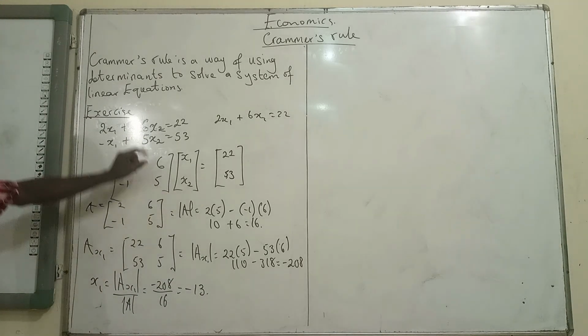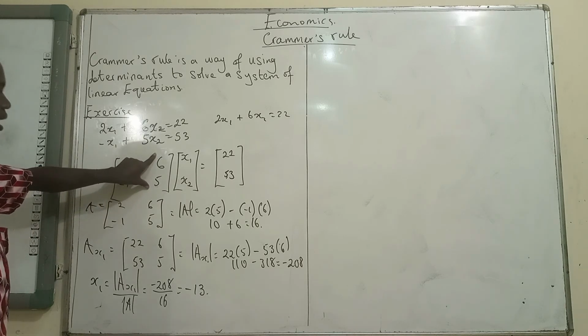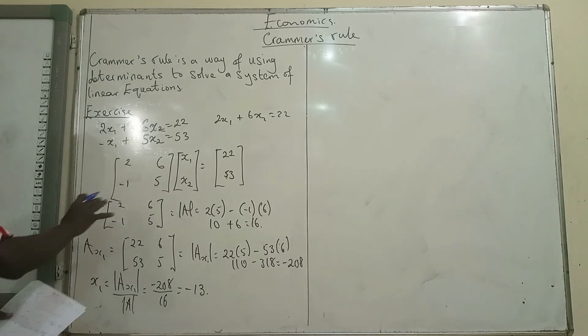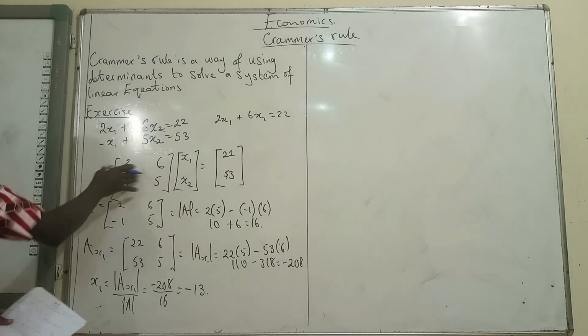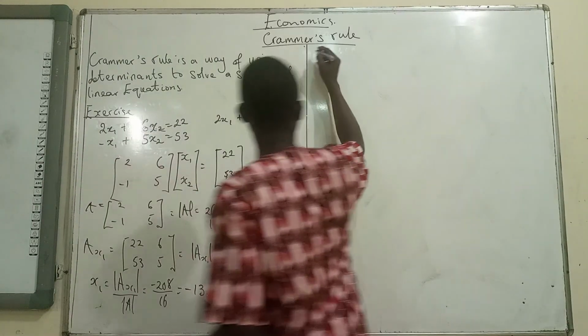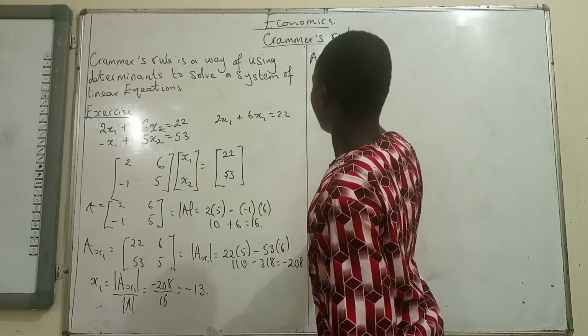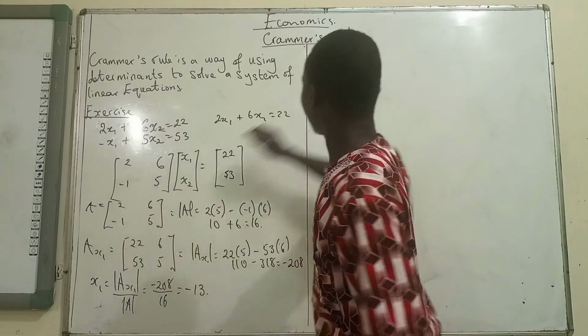Now x2 is second here, so we are going to eliminate this column and replace it with this. You have to be careful here, because you have to return to the original matrix. So this is A x2. We have 2, minus 1, which is still there.